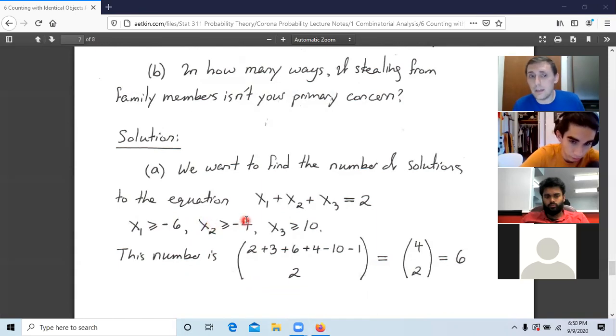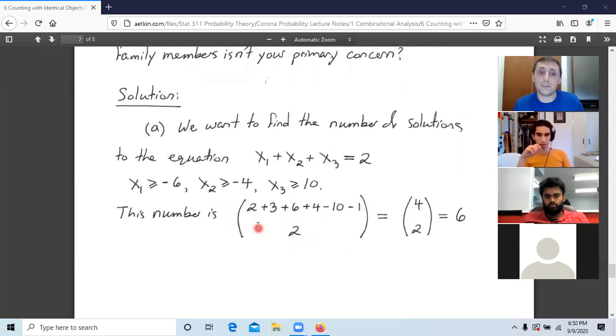x2, the number of spoons in your family, is at least -4. And x3 is the number of spoons that the mafia will get. It has to be 10 or more, correct? And what you do is you will give away your spoons. So that means that x1 plus x2 plus x3 equals 2. You agree? The number of spoons that were distributed will equal 2.